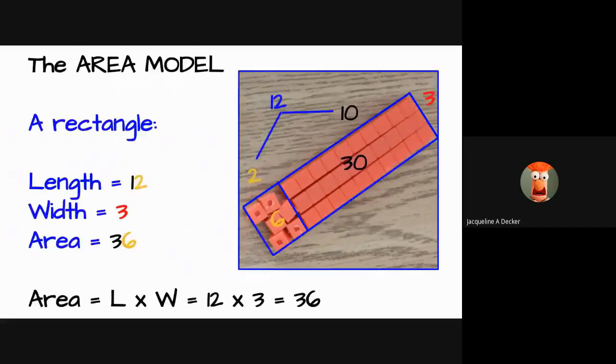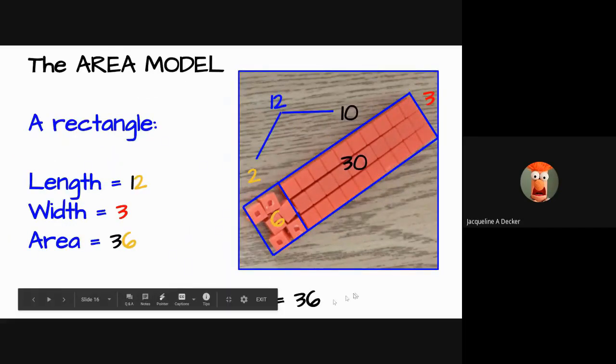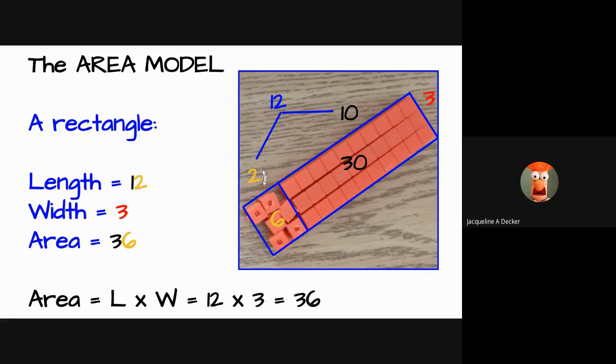Let's go forward again. We can see the area model, because multiplication can be represented as the area of a rectangle. So we see the 3 as this width of 3. We see the length of 12. We've shown how a student might decompose that into 2 plus 10. And we can see the 3 10s as 30 here. We can see the 6 1s over here.